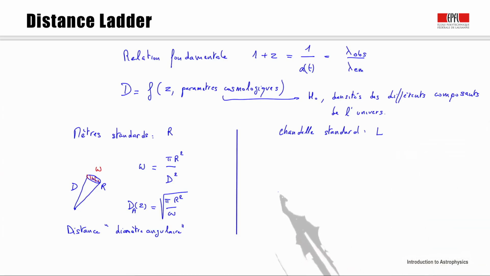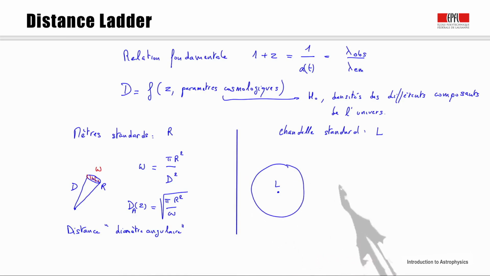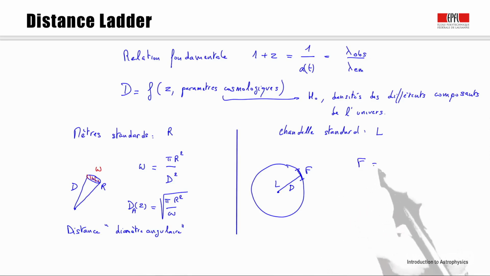We have already seen how to measure the flux of an object with a certain well-known luminosity, L. The object has an isotropic radiation, and at a certain distance, d, from itself, sends us a flux diluted over a sphere like this. And the flux is simply F equal to L divided by 4 pi d squared.